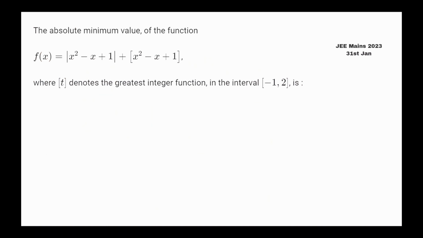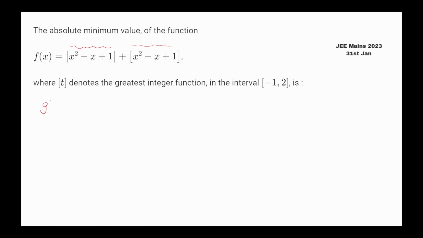Now let's look at this function. The absolute minimum value of the function f of x is this, where the brackets denote the greatest integer function in the interval. So we have to find out basically the minimum value of this function. You can see that inside the modulus they've given us the same function, and in the greatest integer function also they've given us the same function.